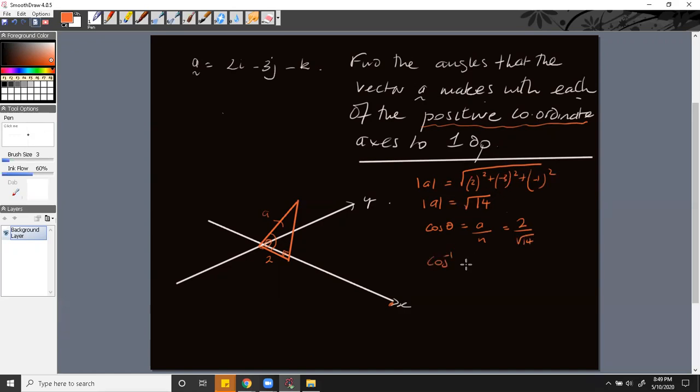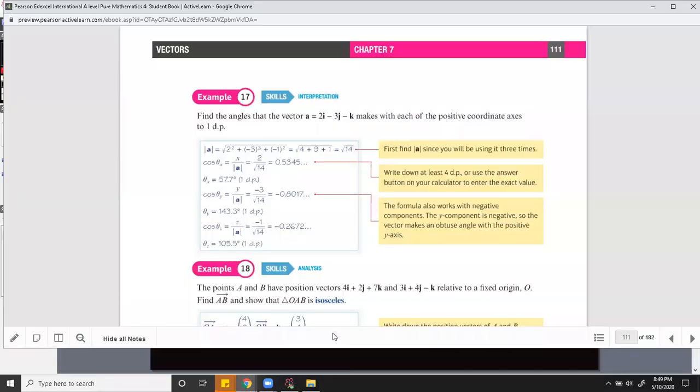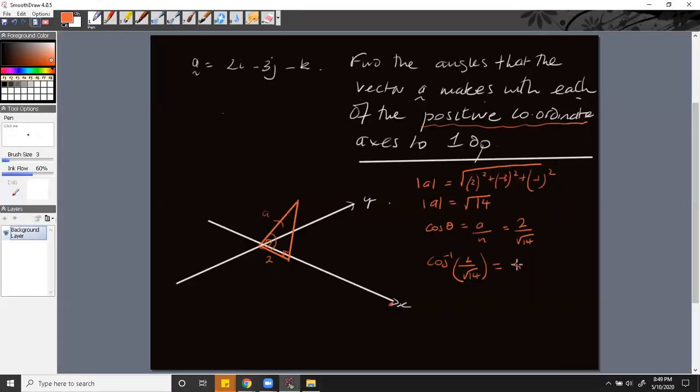So cos to the minus 1 of 2 over the square root of 14, I'm not going to calculate that on a calculator because I'm sure you can already do that, gives theta x, the angle made with the x-axis, which is 57.7 degrees. Okay, so that's the first one.